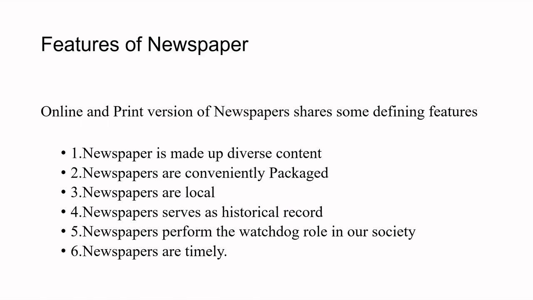If you want to refer to what happened 10 years back, the first primary source will be the newspaper. And the journalistic role is always to act as a watchdog. They act as a mediator between the people and the government, or we can say people and the elite. Their main role is a watchdog, and newspapers are timely, so they have to provide up-to-date information.